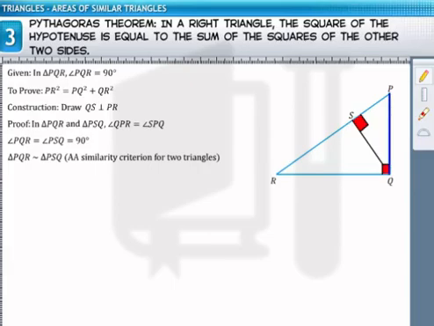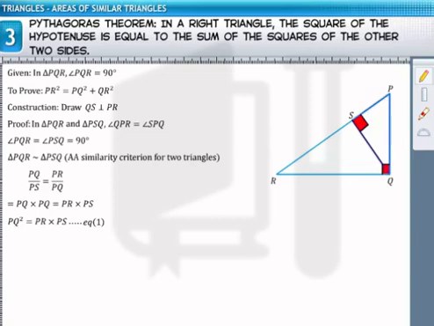Hence, side PQ divided by PS is equal to side PR divided by PQ. By simplification, we get PQ square is equal to PR multiplied by PS. Let's assign this as 1.